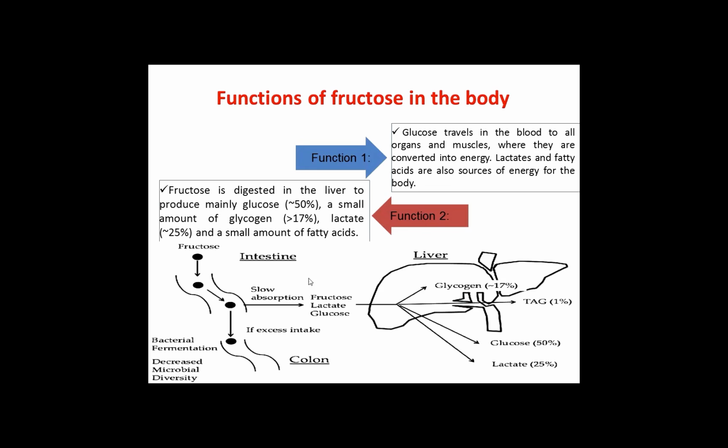Absorbed fructose is converted into glucose approximately 15%, a small amount of glycogen greater than 17%, lactate 25%, and smaller amounts of fatty acids.